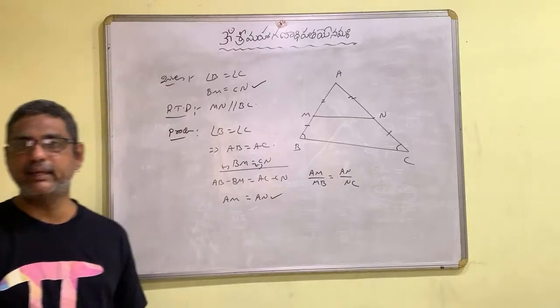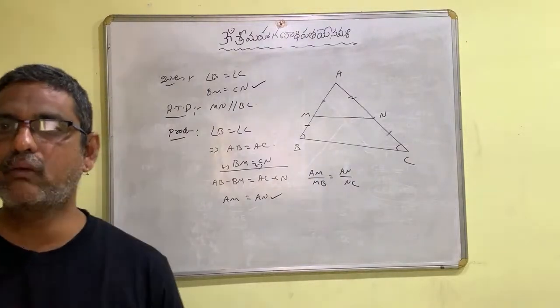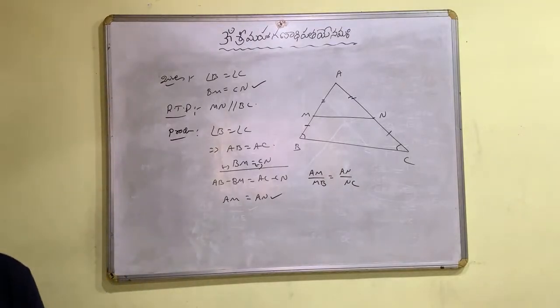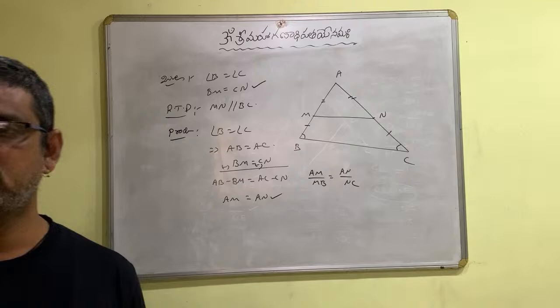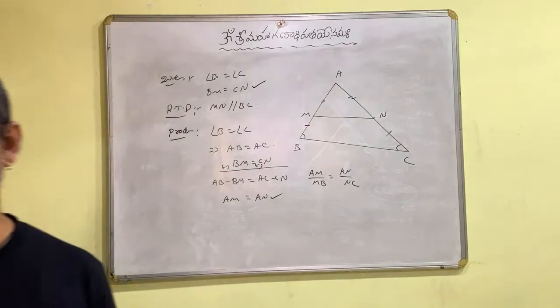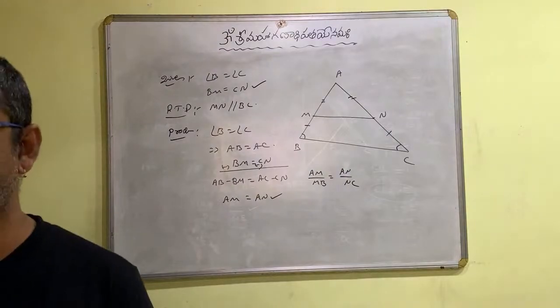Equals are divided by equals, the quotients are equal. Is that right? So AM by MB equal to AN by NC. So the ratios are equal.